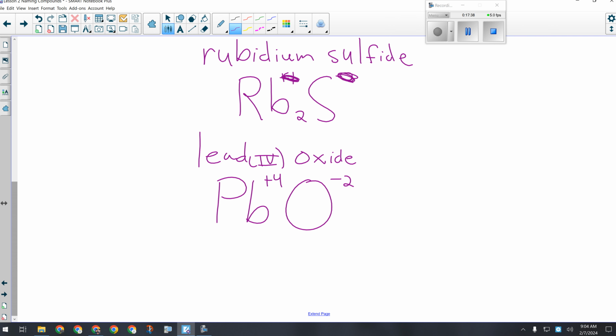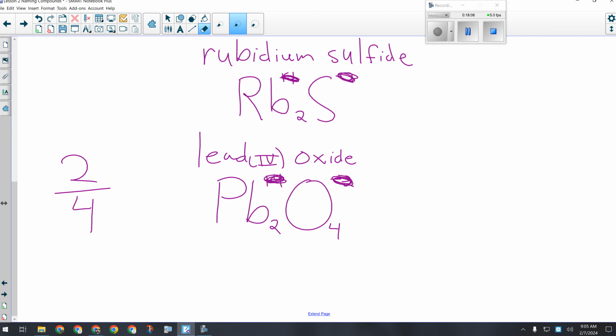Okay, now, herein lies my problem. When I drop and swap, I get a 2 here and a 4 here. Can I leave it like that? What do I have to do with those numbers? If I gave you 2/4, what would you do with it?